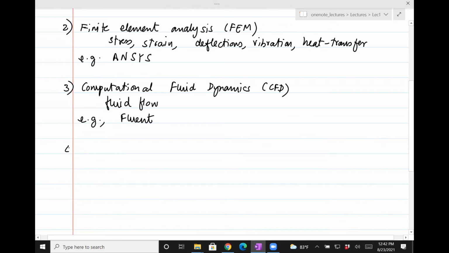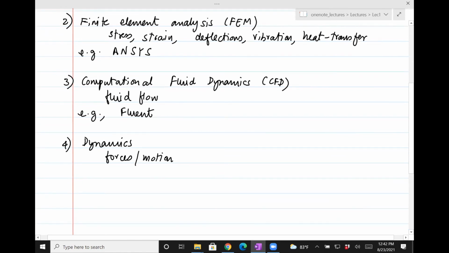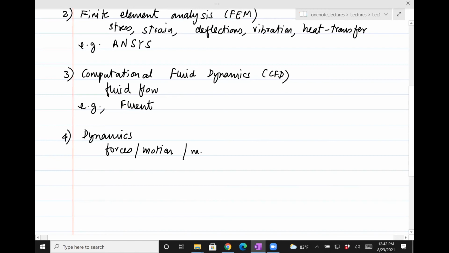Okay, then we have dynamics, which is a course you must have taken in the past. Okay, this is concerned with forces, motion, and also sometimes, you know, when you create mechanisms, like for example, the piston in your car, the slider crank chain assembly, which basically is the cylinder which basically has the gasoline.